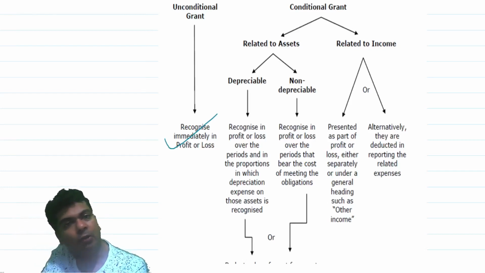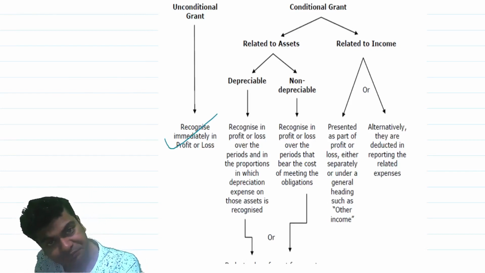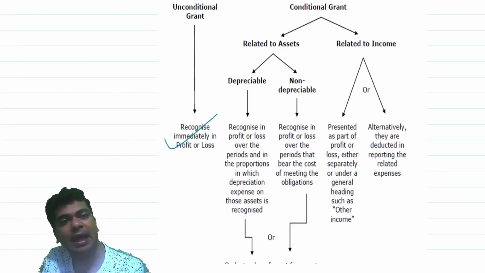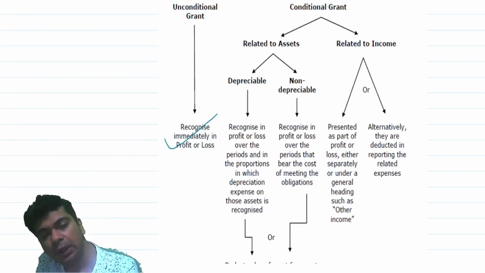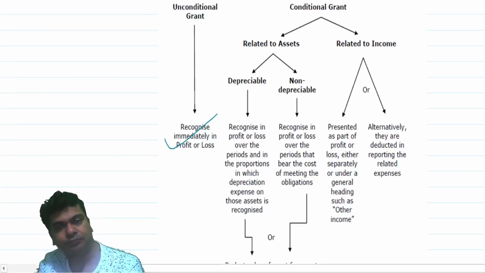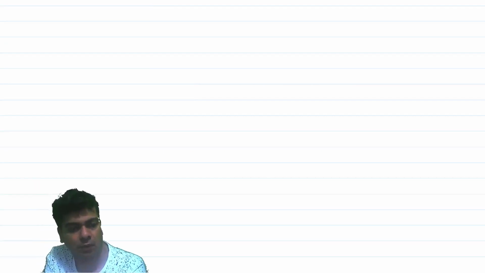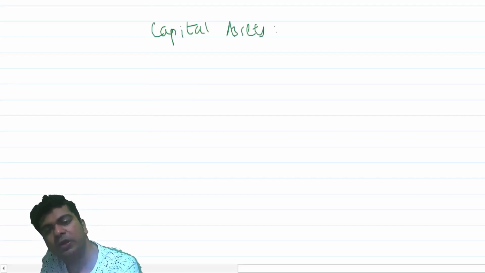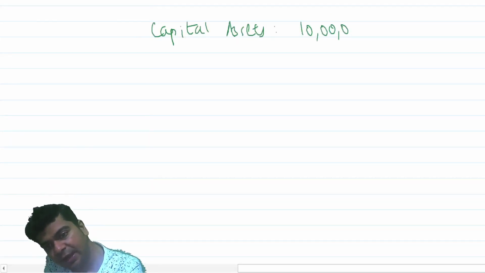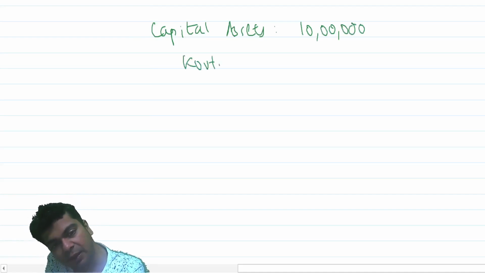Let us say in a backward district, if you are investing 1 rupee in capital assets, the government is ready to give you 30 paise. In other words, you are investing in capital assets. Let us assume for a moment that you are investing 10 lakhs of rupees in capital assets, and as per the government scheme, the government grant is going to be 30%.